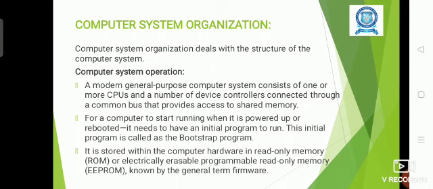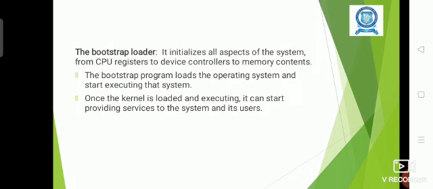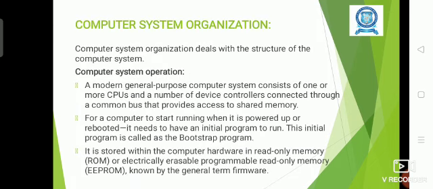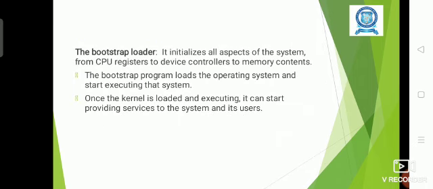After that only we can see our programs and do further operations. The bootstrap program is stored with the computer hardware in ROM or electrically erasable programmable read-only memory. So the first program executed on the computer system is the bootstrap program.